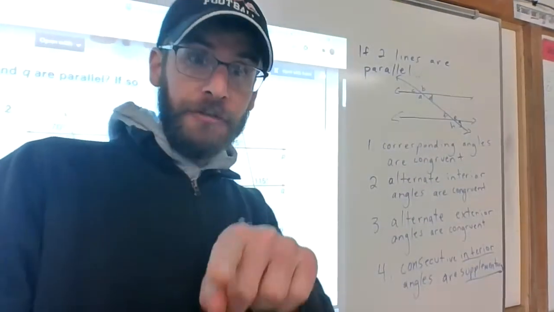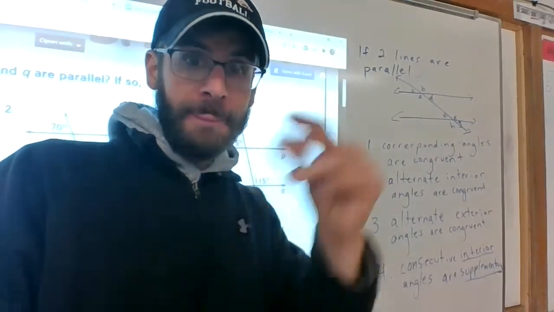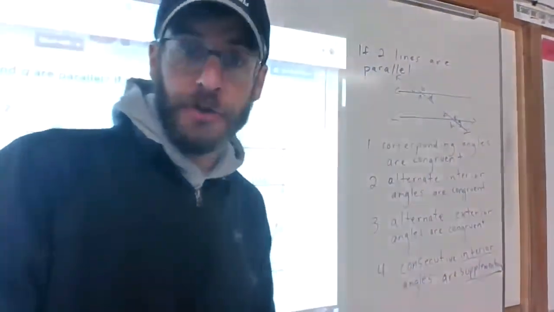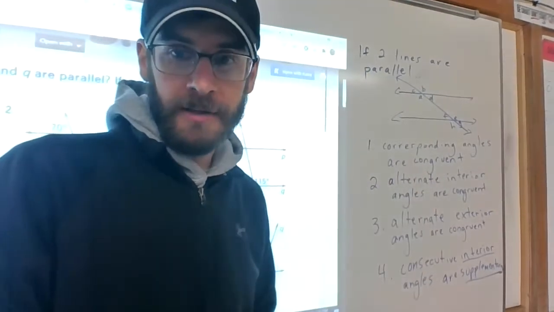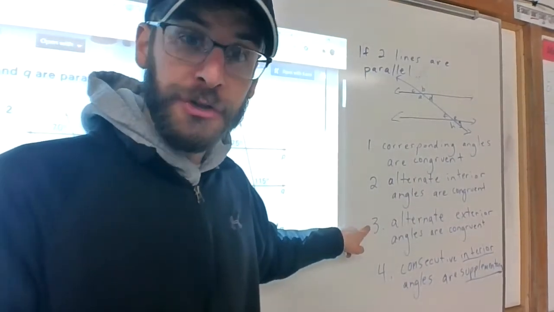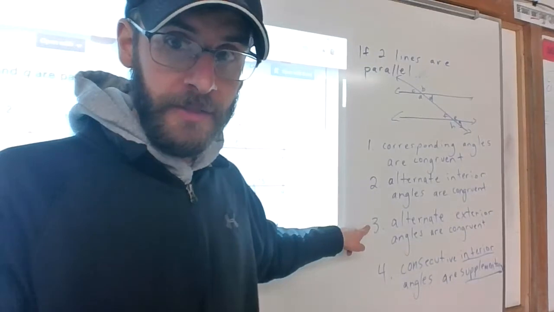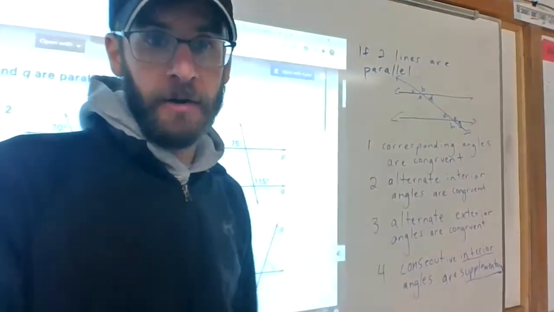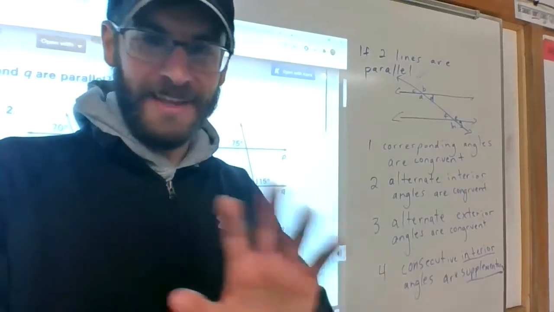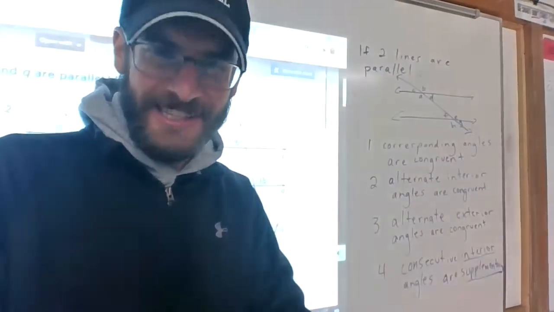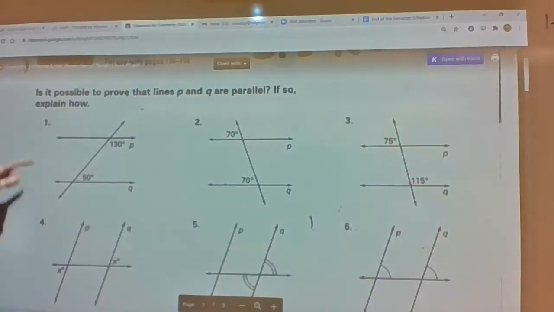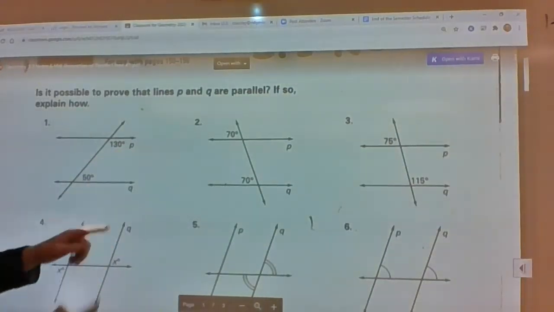So if you've got corresponding angles that are congruent, that means the lines have to be parallel. If the alternate interior angles are congruent, they got to be parallel. If you know that the alternate exterior angles are congruent, then your lines are parallel. If these add up to 180, then your lines are parallel. All right, I think I've said too much. Let's get to the actual examples. So, number one, are P and Q parallel?